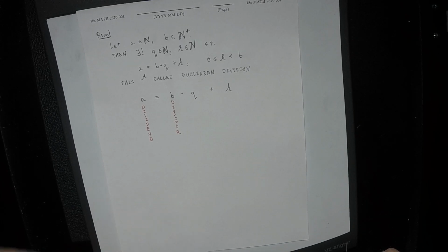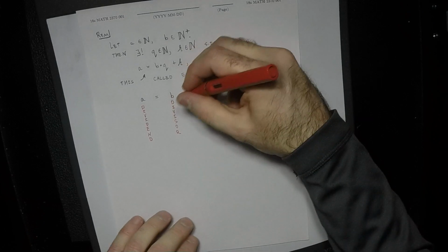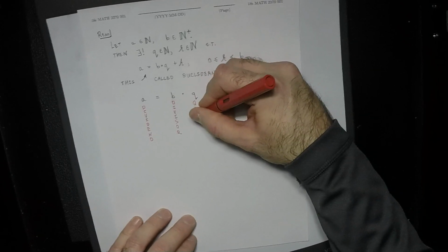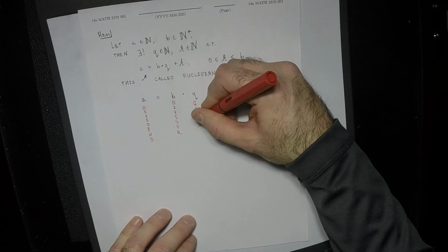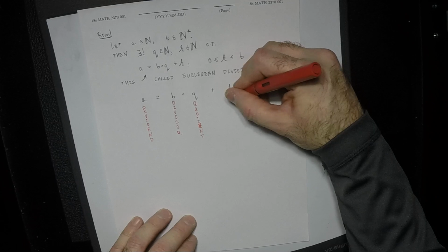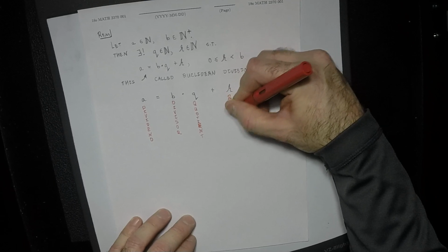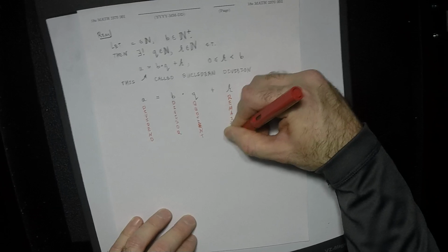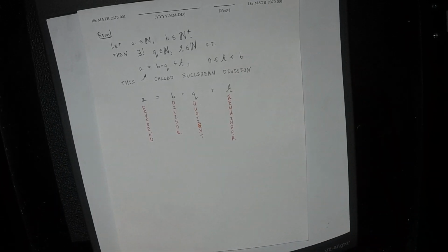That's the size of groups that you're dividing the dividend into. Q is called the quotient. Has an E in it, quotient. And R is called the remainder. Okay.